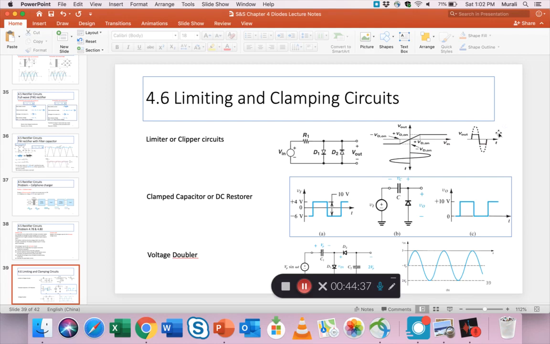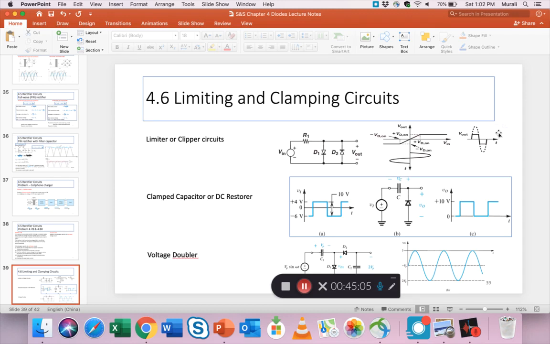So filter design for reduction of ripple is itself a big subject. We're not doing too much of that here. We're just using one capacitor to understand the reducing the ripple idea, but it's an interesting topic that maybe sometime in the future you'll study. Anyway, that ends the rectifier business.